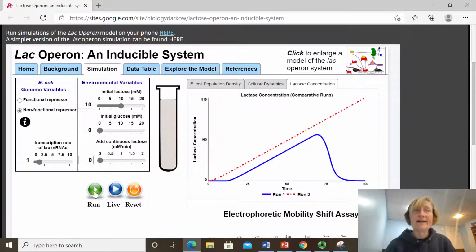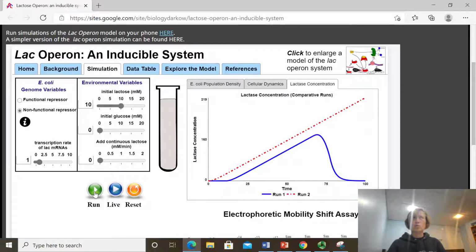Okay, this is interesting. A non-functional repressor means that it's broken, it doesn't work. Now the repressor always binds to the operator and prevents the operon from being turned on unless there's some lactose. With a non-functional repressor, it never can bind to the operator.